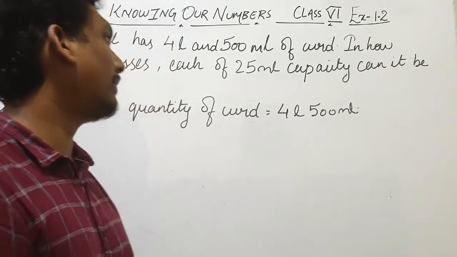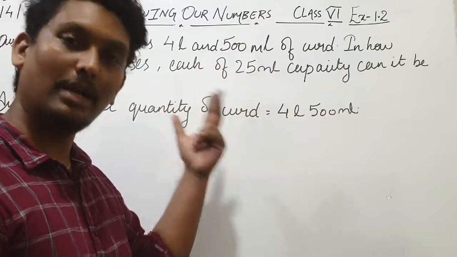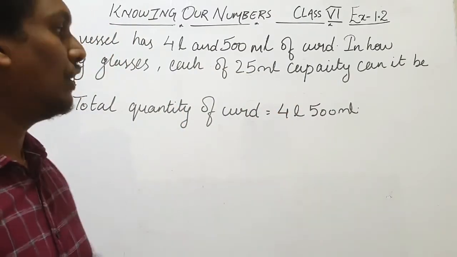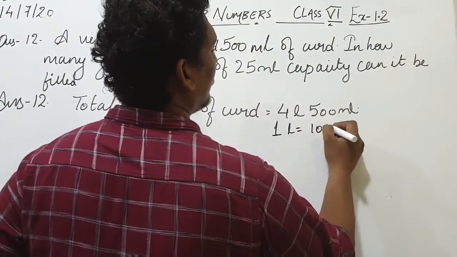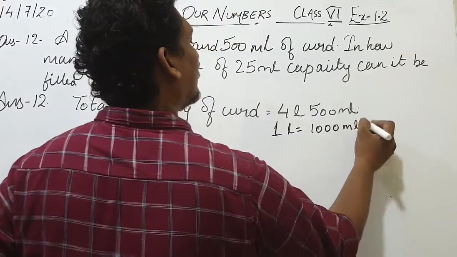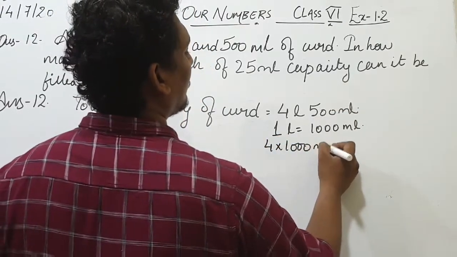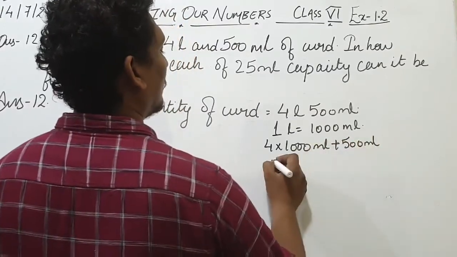Why we have to convert it? Because the capacity of glass is 25 milliliter and we have to find the glasses. That's why we are converting this value into milliliter. So 1 liter is equal to how much? 1 liter is equal to 1000 milliliter. So 4 into 1000 milliliter plus 500 milliliter.